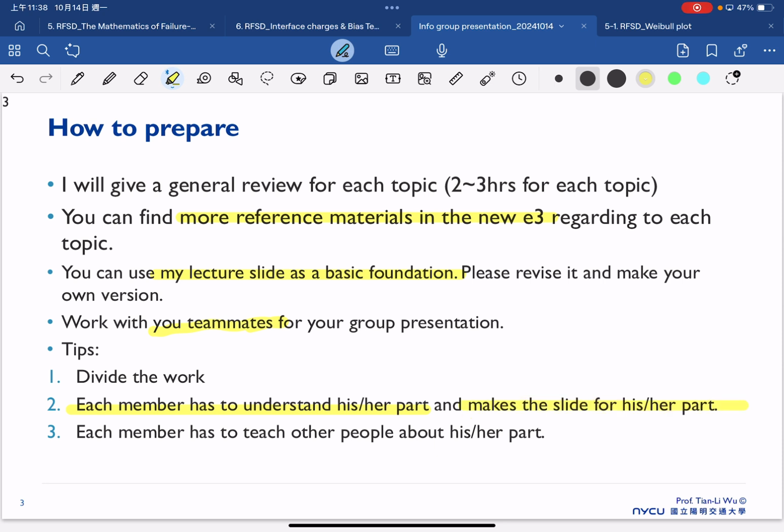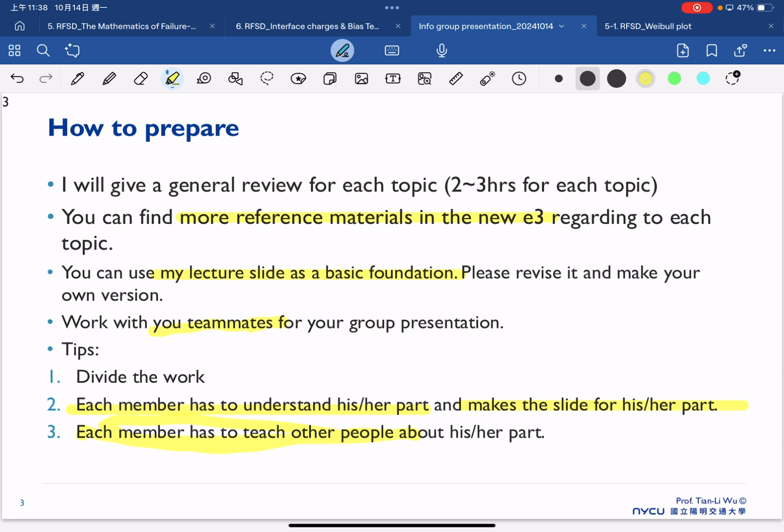And each member has to teach other people about the part that he or she is responsible for. I think that would be more efficient. In the end, everyone can understand more easily. I think most students will divide the work by slide number.